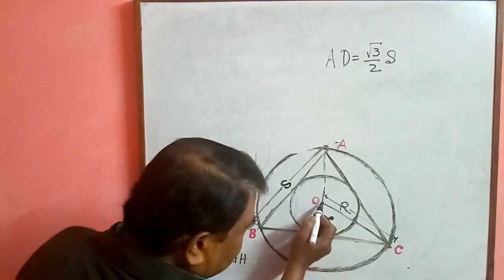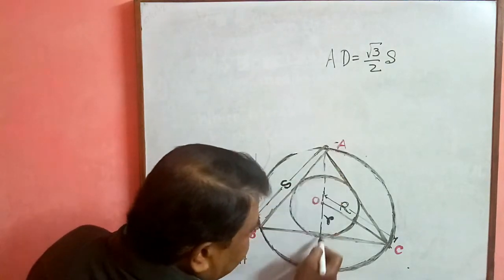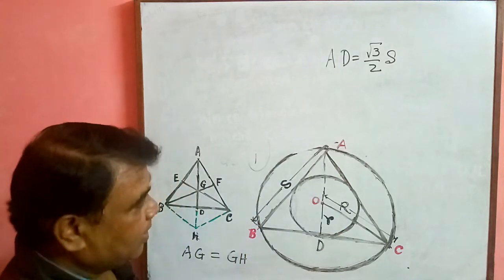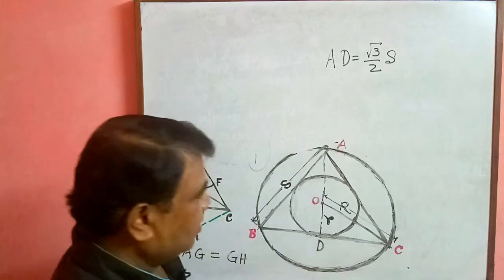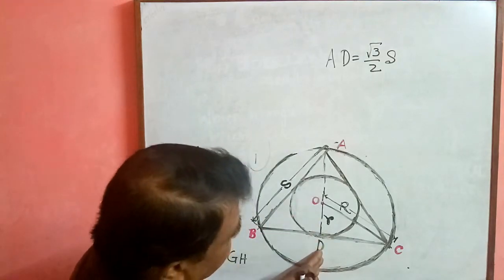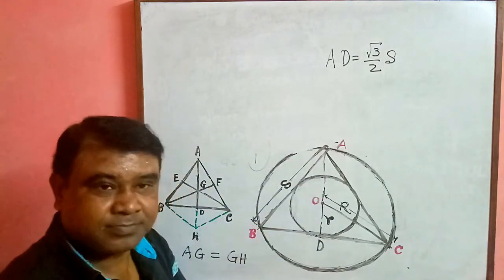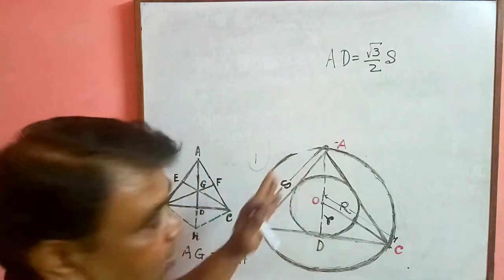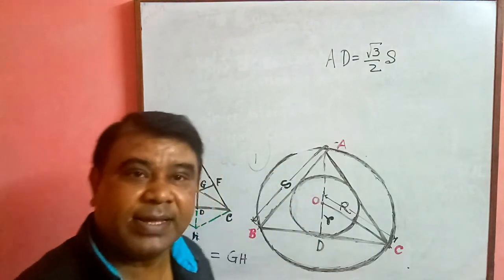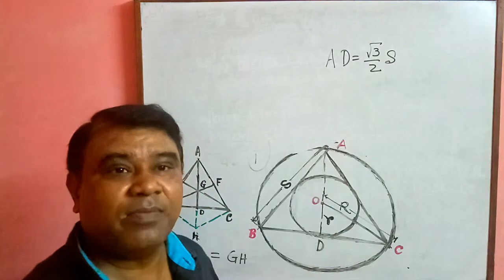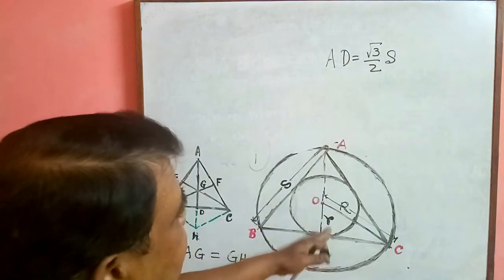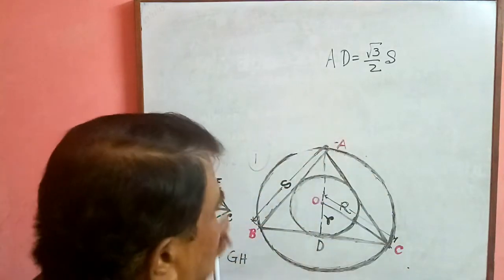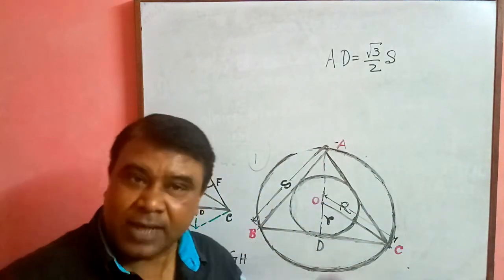Now we know centroid divides the median in the ratio 2:1. Here, even though it is a median, it is also a side bisector, and the point of concurrence of side bisectors is the circumcenter. So we can find the radius of the circle.